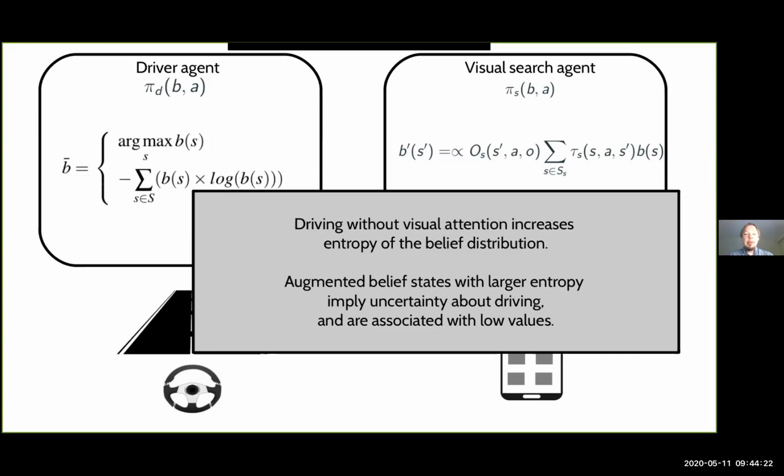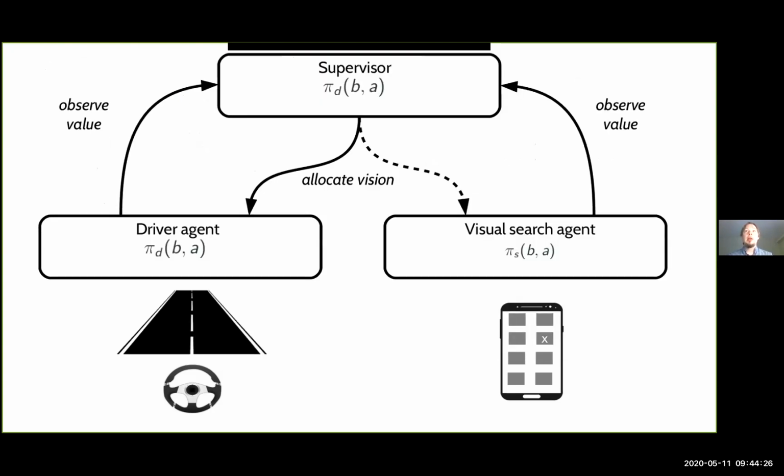And we can employ this idea when we define the hierarchical structure. So the supervisor observes the current value of the optimal policy from the two agents, the driver and the visual search agent. So the supervisor can always keep track of how the driver is doing.